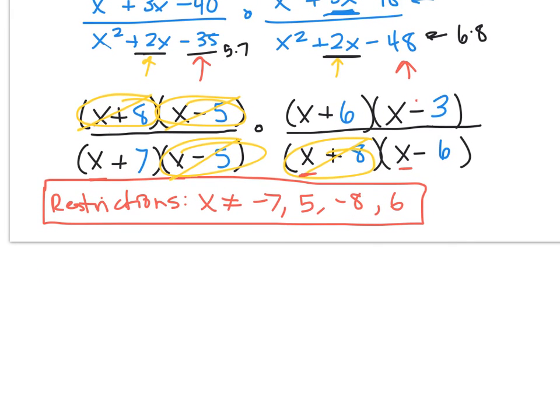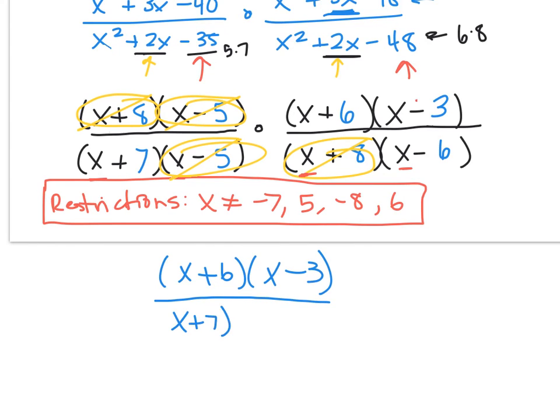And so what we have left over in the top is x plus 6 times x minus 3. And since these are being multiplied together, I can just say, well, this is x plus 7 times x minus 6. And so there is my simplified rational expression. Now, the last part of those steps, I think step 6, told you that we need to simplify this now.